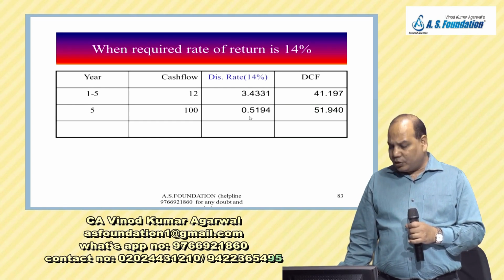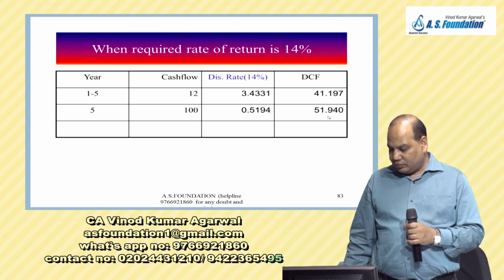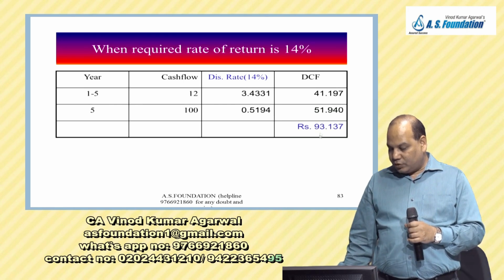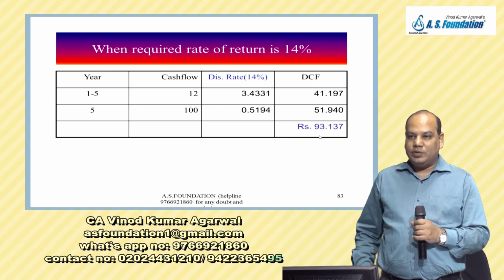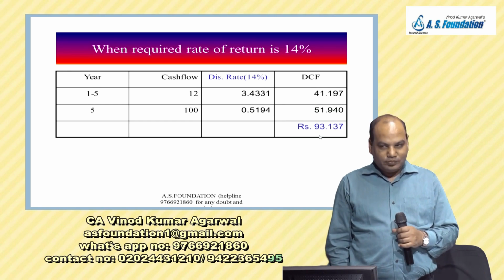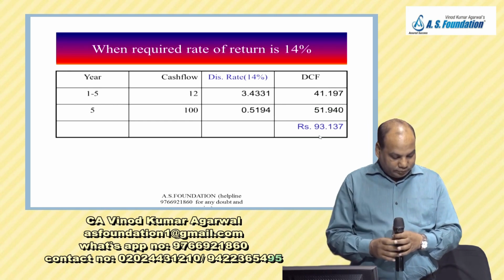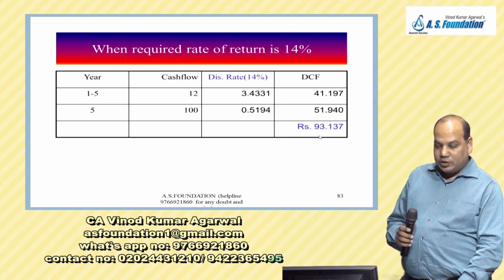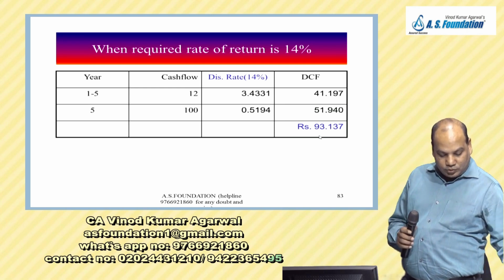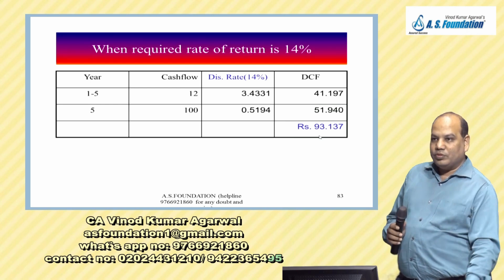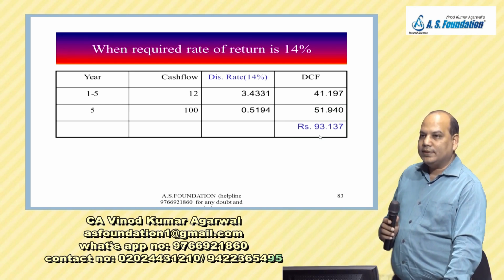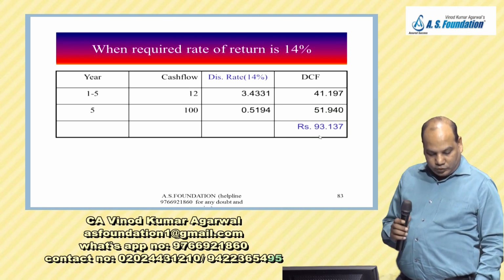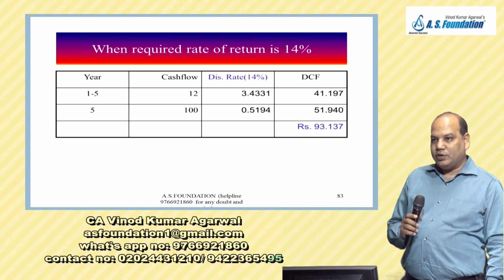Calculate the factor here, 0.5194. 51.94. This answer has to be less than 100 rupees. 93.137. You have learned that if discount rate is more, value of the bond will be less. Value of the bond will be lower than face value.